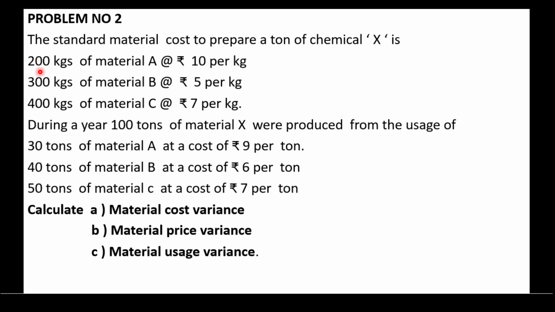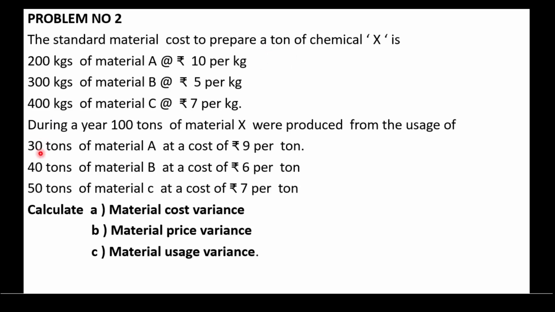So in the standard material, here they mentioned 200 kgs. For the calculation of standard quantity, this 200 kgs, 300 kgs and 400 kgs are multiplied with 100 for a ton.